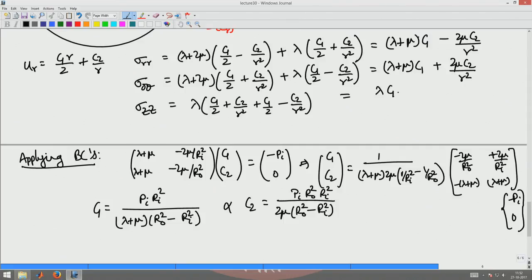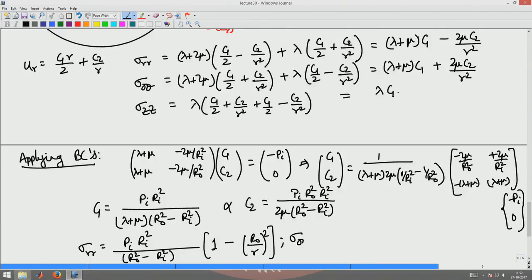Now, correspondingly having found the constants, I can write the stresses. Sigma RR would be Pi Ri square divided by R naught square minus Ri square into 1 minus R naught by R whole square, okay.